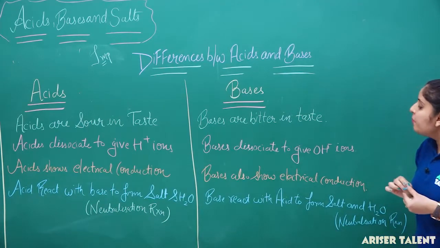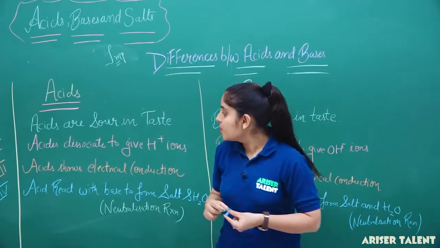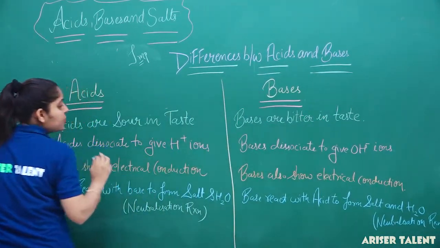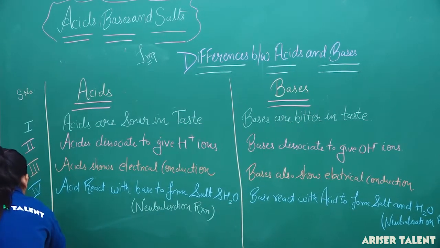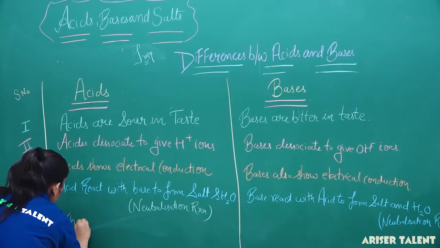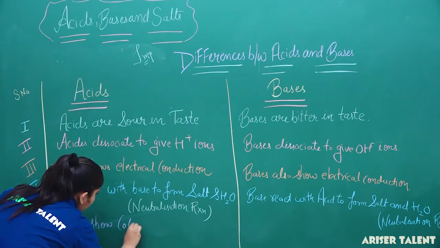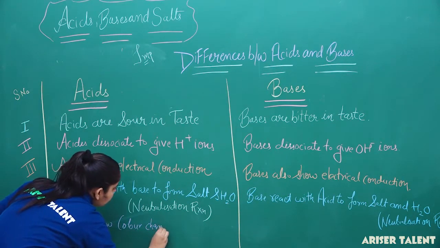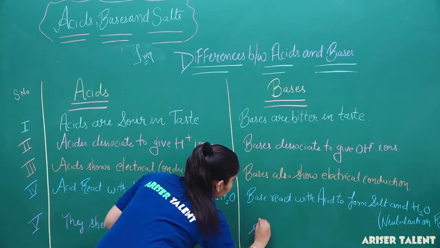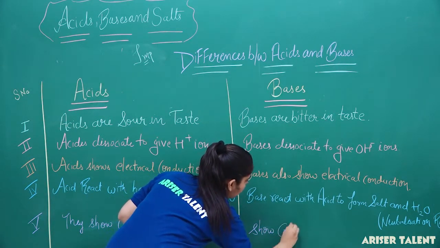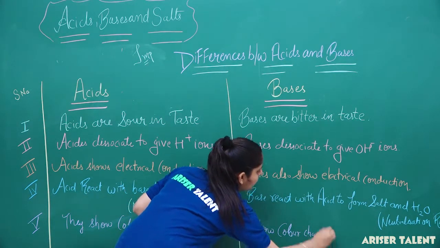Now we have our fifth point to differentiate between acids and bases, that is regarding the color change. So both acids and bases will show a color change effect. So our fifth point will be, acids show color change and bases also show color change.